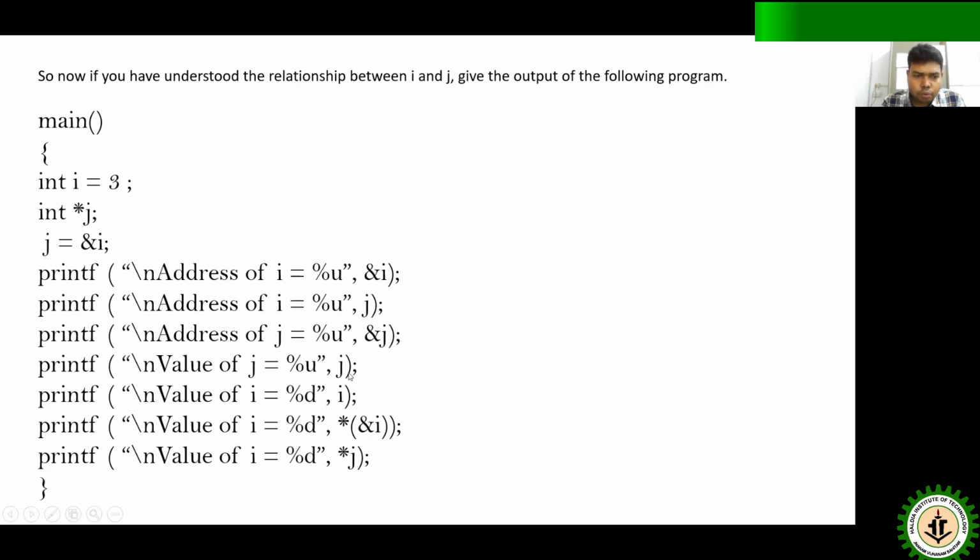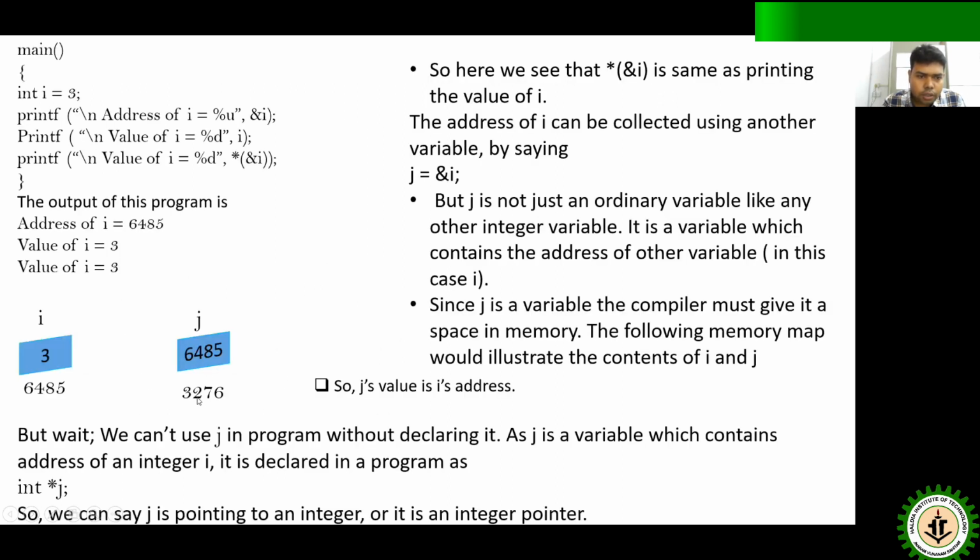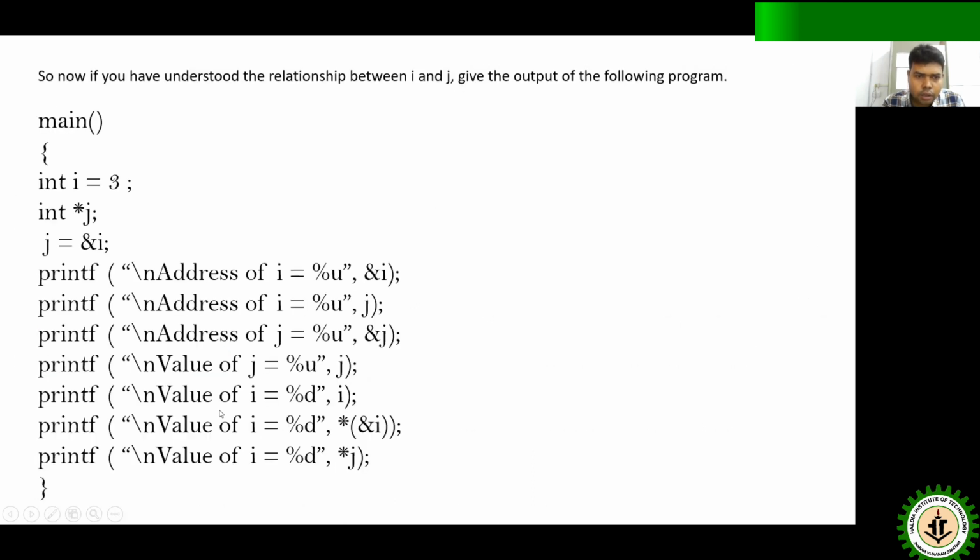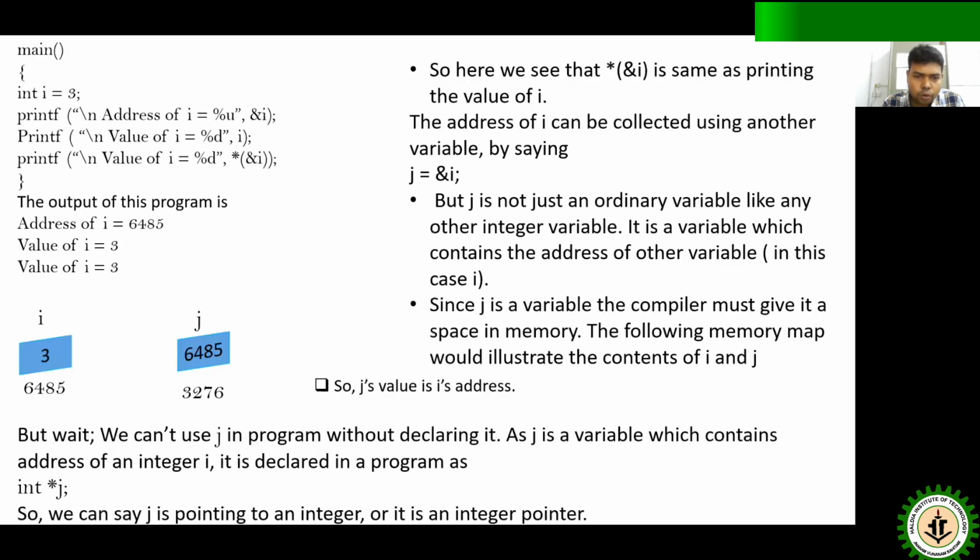So that output you will get in this case: with ampersand j, you will get the value 3276 printed in the third line.